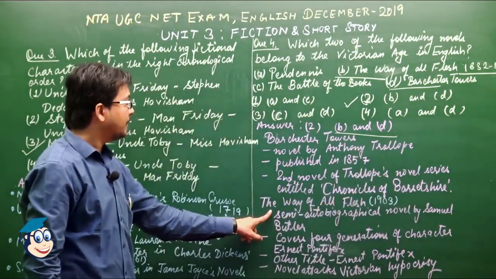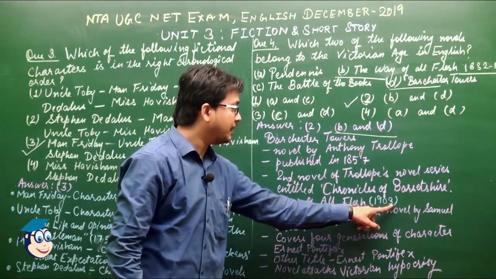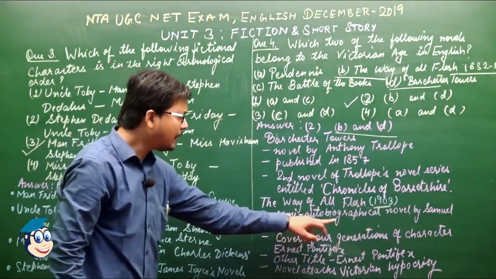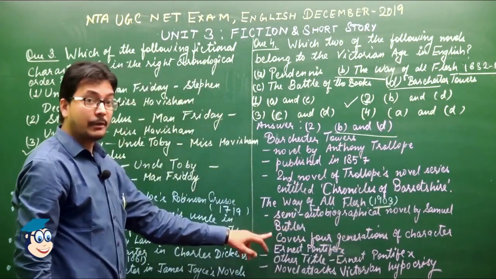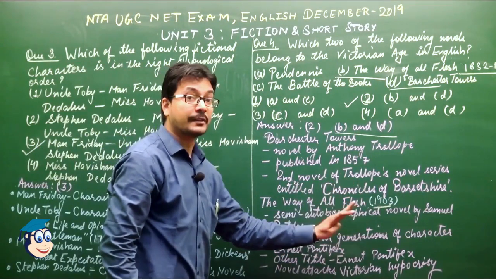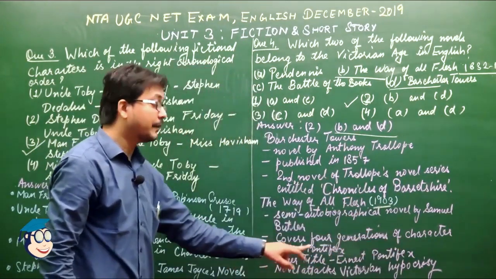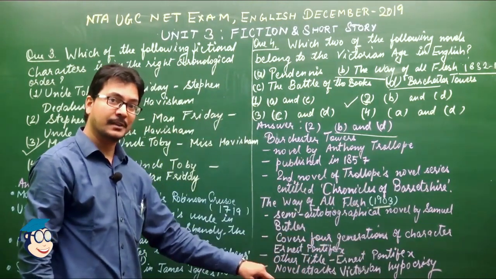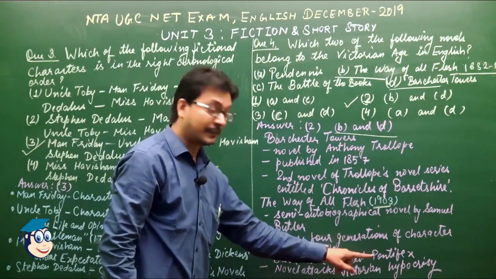The second novel, The Way of All Flesh, was published in 1903. It is a semi-autobiographical novel written by Samuel Butler. In fact, the novel covers the 4 generations of the prime character of this novel, named Ernest Pontifex. And this is the reason that this novel is also known as Ernest Pontifex.